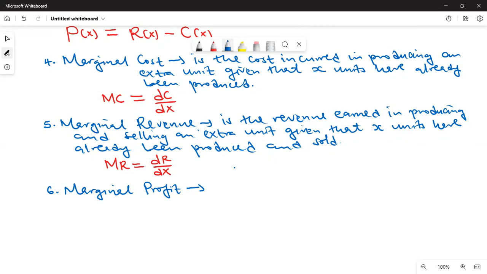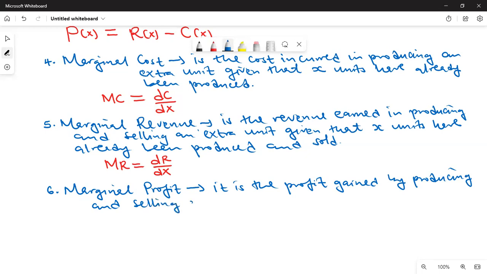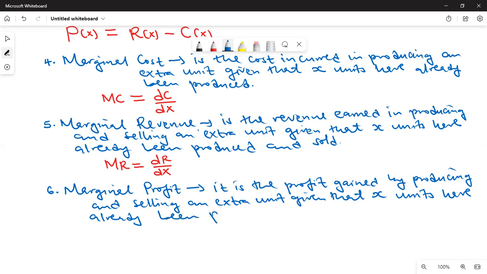It is the profit gained by producing and selling an extra unit, given that X units have already been produced and sold.